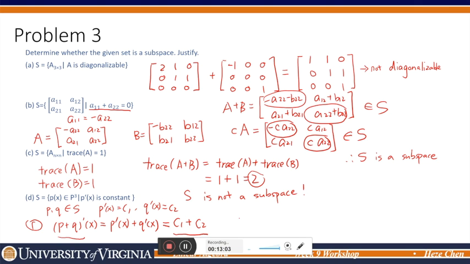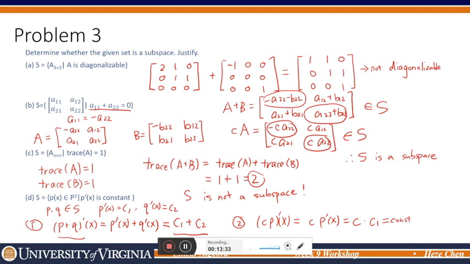Then we can show that it's closed under scalar multiplication as well, because if we take the first derivative of the new function CP, it's going to be C times P prime of x, which is equal to C times C1. So it's still a constant.